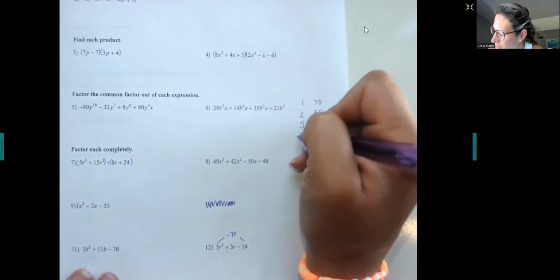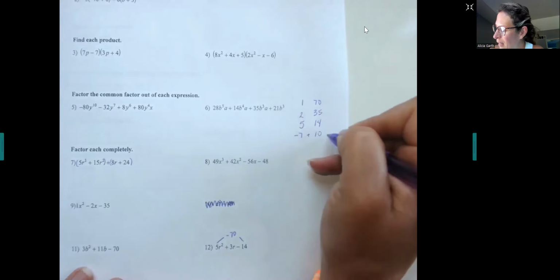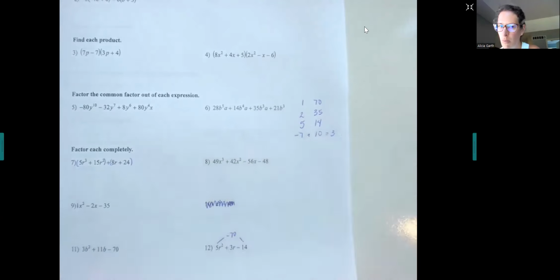Now we need to see which one of those would add to a positive 3. Remember, one of these is negative. So one is positive, one is negative. I'm going to notice that if my 7 is negative and my 10 is positive, if I added them together, they would equal a positive 3. So negative 7 times a positive 10 multiplies to a negative 70, adds to a positive 3. That's how we're getting our factors.